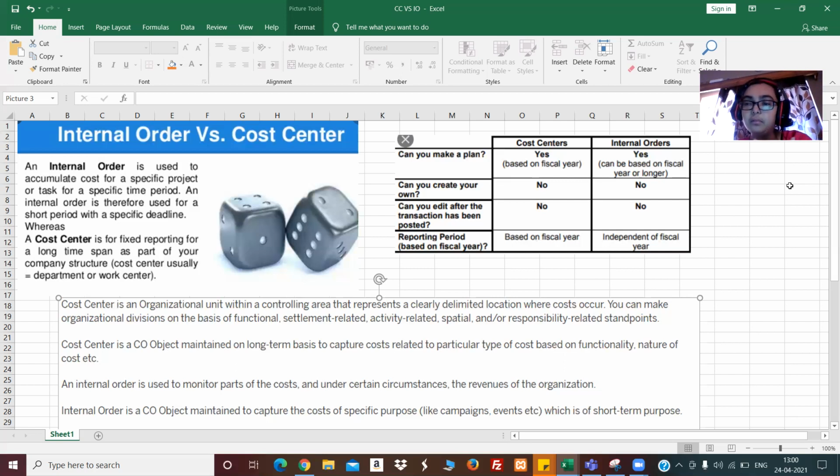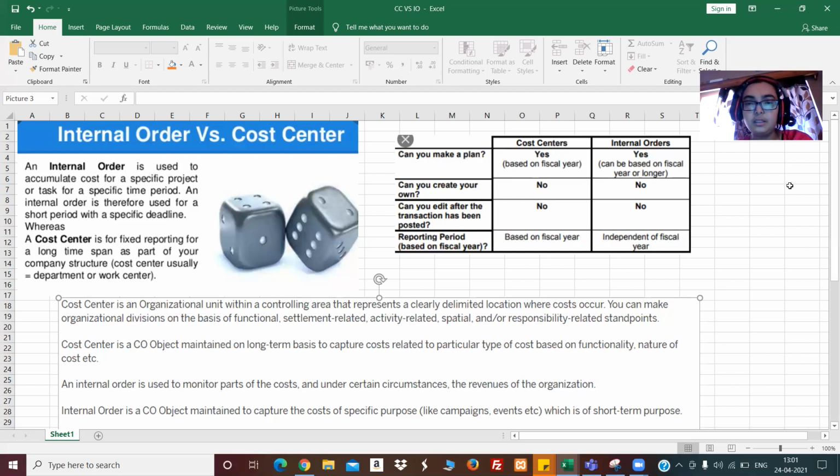So after the 3 days there is a variance, the revenue minus these expenses, and this variance gets settled. It may be profit, it may be loss, depending upon the situation, but a variance comes up. That helps you calculate the profit or loss during a particular span of time belonging to a particular object. That's the purpose of an internal order.